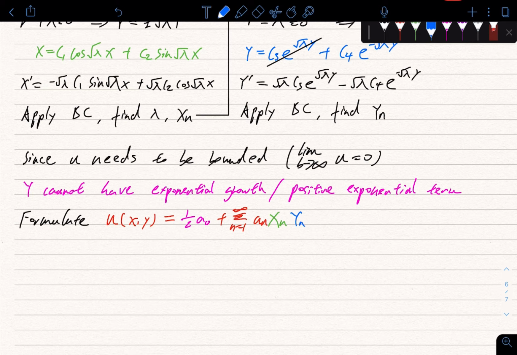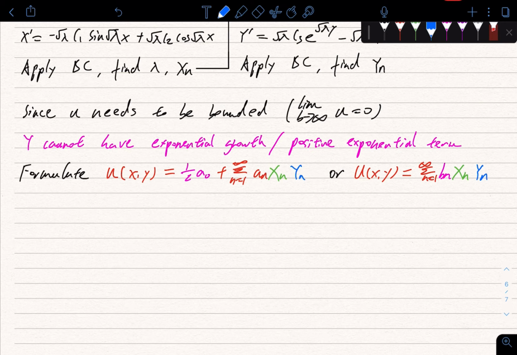So this looks like a Fourier cosine series. u of x, y equals the infinite series of b n, x n and y n. So this is more of a Fourier cosine series.